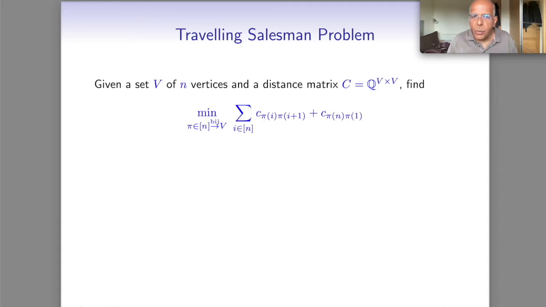And what we're asked to find is this value. It's the minimum over all bijections between V and the numbers 1 through n. So think of this as linear orders of V. So the minimum over all ways of ordering V, there are n factorial such ways of ordering V, of this sum. This is, in the distance matrix, the cost of going from the ith element of V to the i plus 1th element in this particular ordering, summed over all values of i.